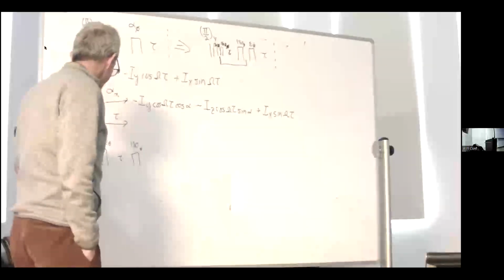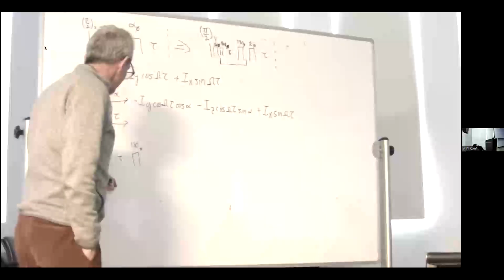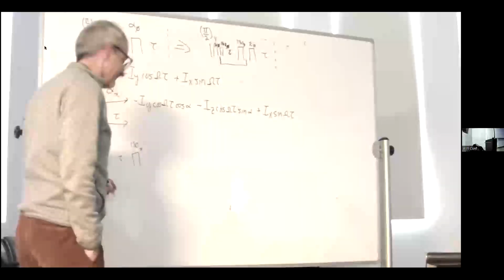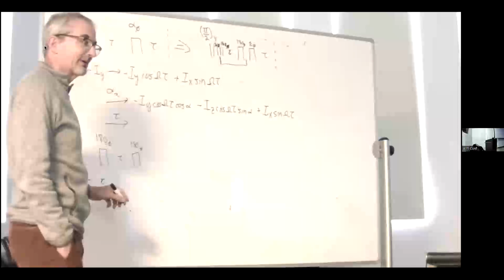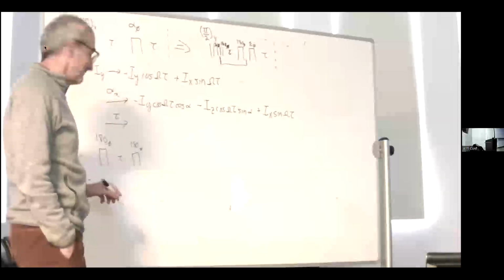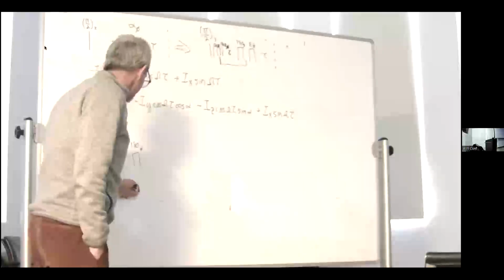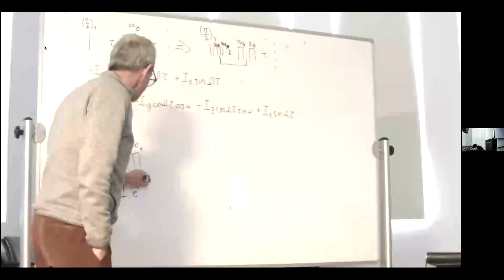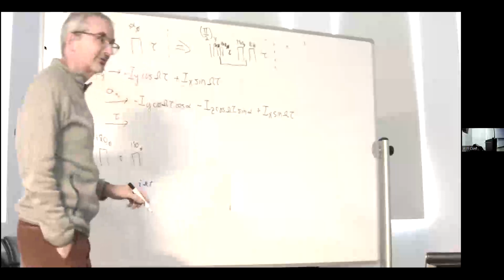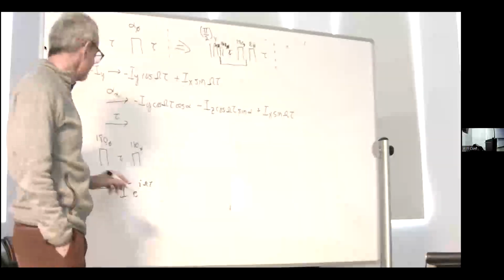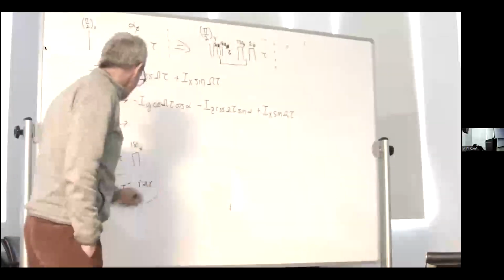So I minus, evolving under tau, we already saw what's going to happen. That's just going to be I minus e to the i omega tau from what we worked out before. That's if nothing happens.